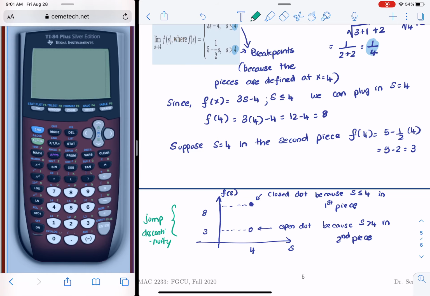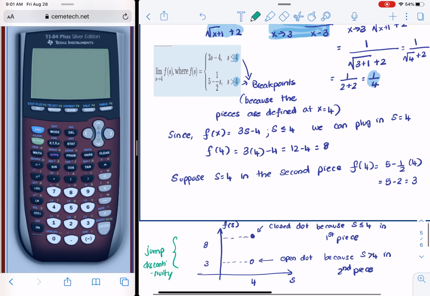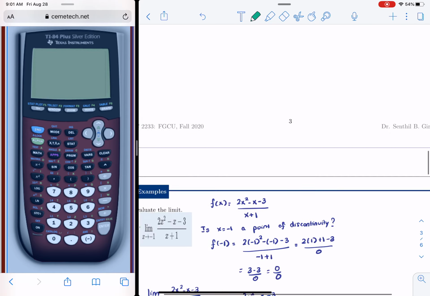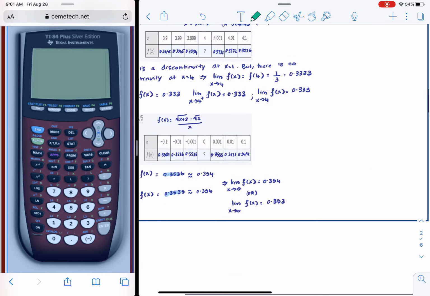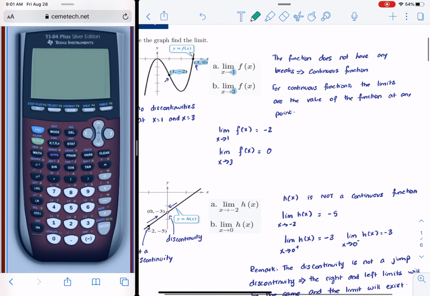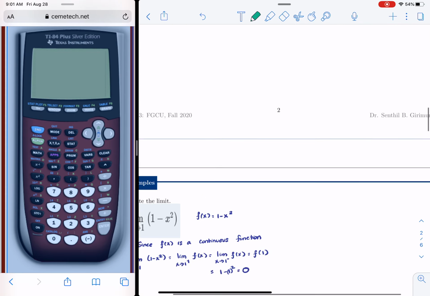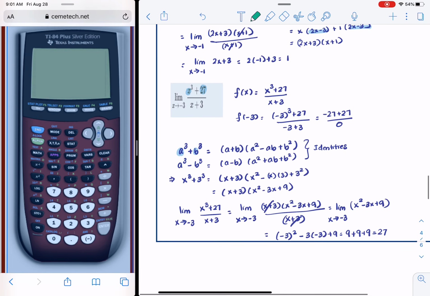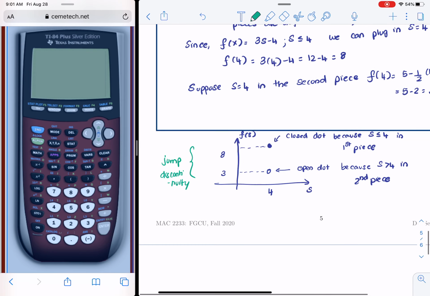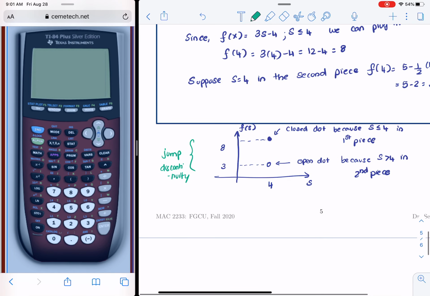As I mentioned earlier, anytime we have a jump discontinuity, I don't know if I mentioned it earlier. I didn't. I'll put it as a remark.